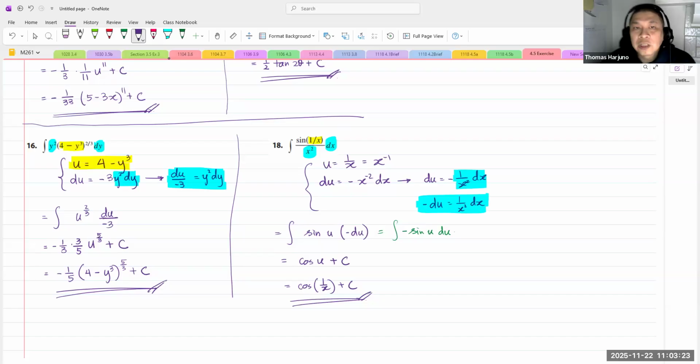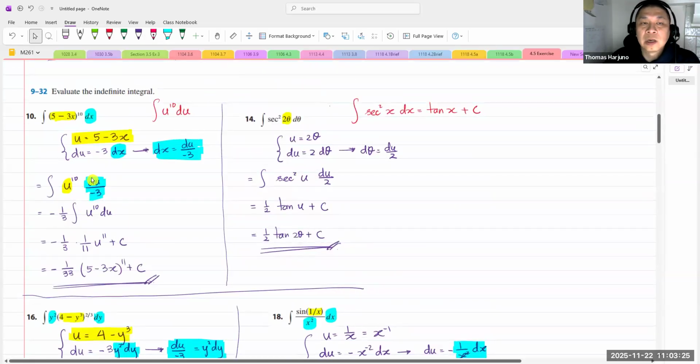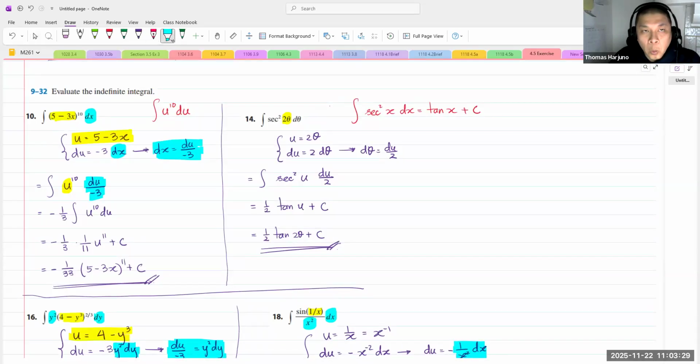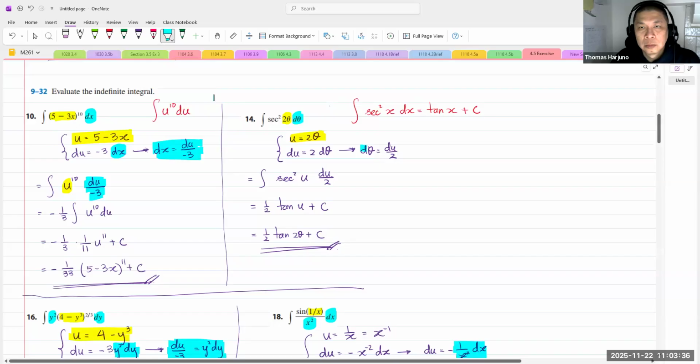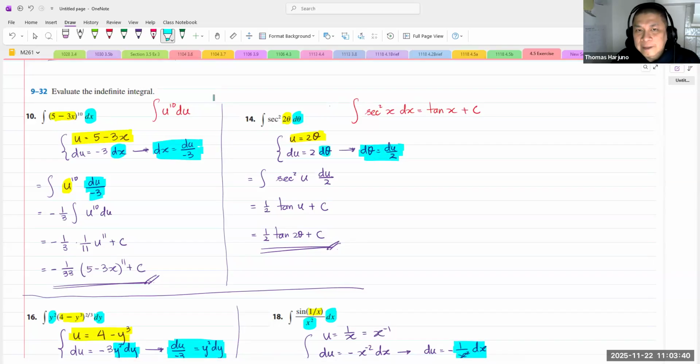Notice that in these 4 examples here, I specifically spend more time doing my substitution properly. That's the key. So do not rush back to the integration. Make sure your substitution is clean and correct.